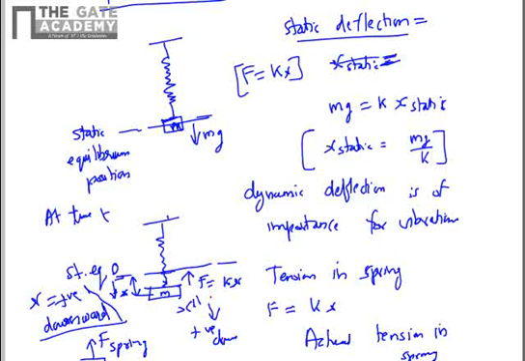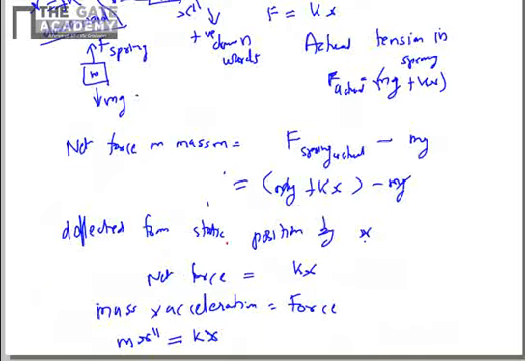But in this case the force is acting towards the top, and hence the acceleration is towards the top side. So hence the acceleration is negative in this case. So that's why you put a minus sign here. So this is important from the sign convention. Otherwise you will get a completely different solution.